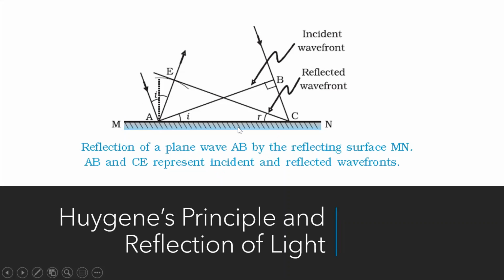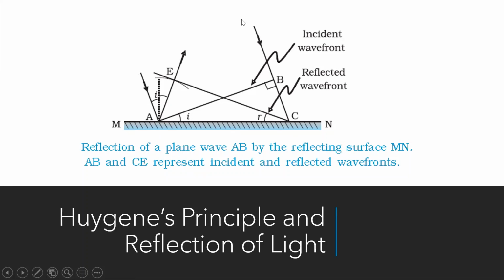Then I can show you on the whiteboard how this figure is constructed and how using this figure we can derive the law of reflection. So here in this figure, MN is a reflecting surface or a mirror. This ray is the incident ray, and this ray is another incident ray.